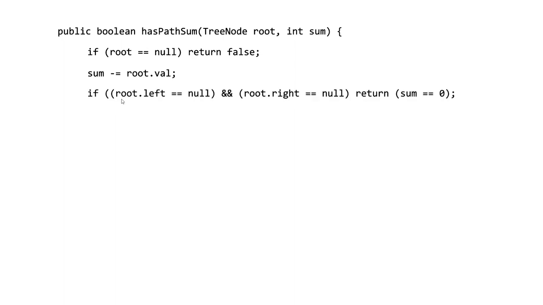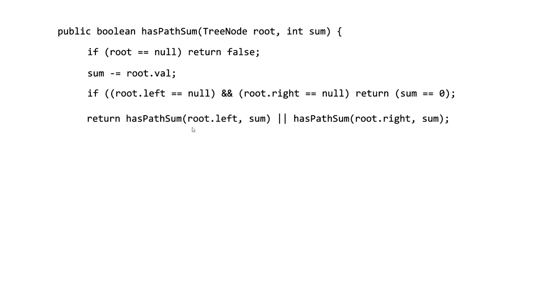So now if root.left equals null and root.right equals null, which means we've hit a leaf node, return sum equals 0. So this is saying if we have a leaf node here, return either true or false if the sum is 0 or not. And this will tell us to keep going if the sum is not equal, if this returns false.